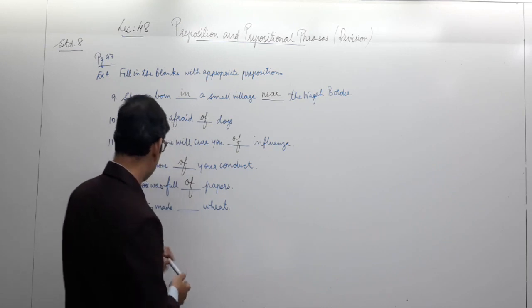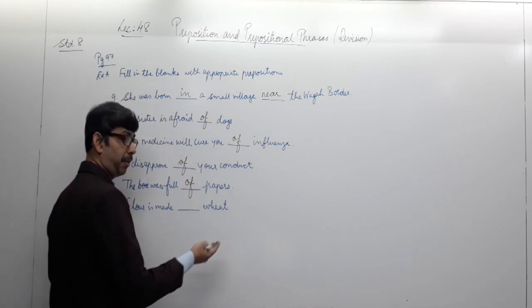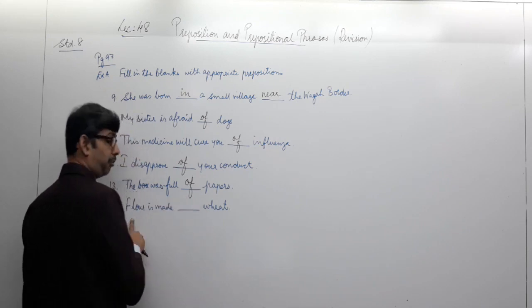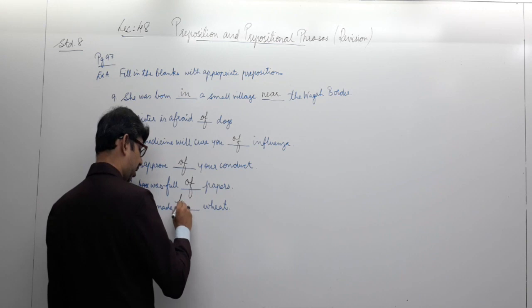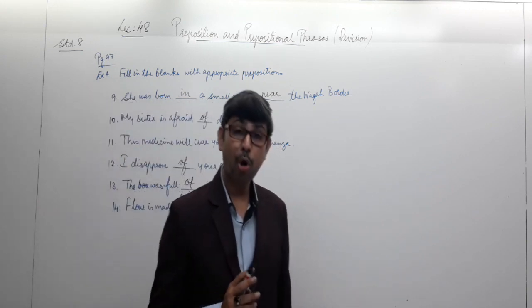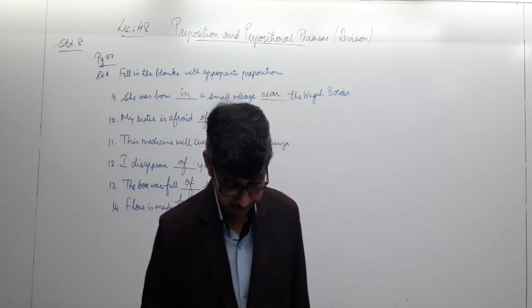We will be inserting an appropriate preposition. Flour is made with the help of some commodity, some material that you are using to make that flour. So from wheat. From wheat, and not of wheat. So do not mistakenly write of.